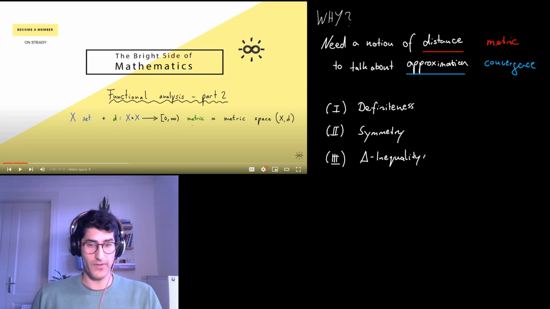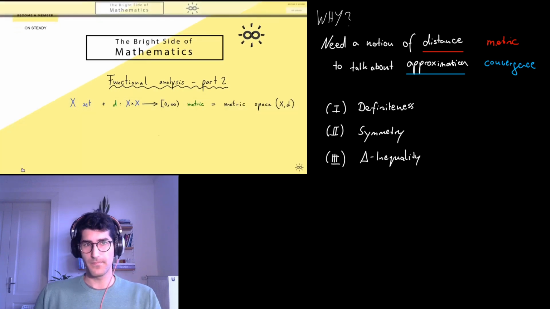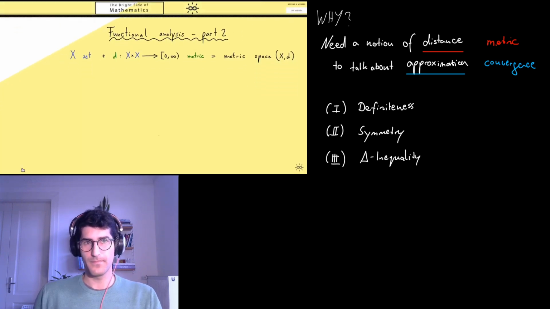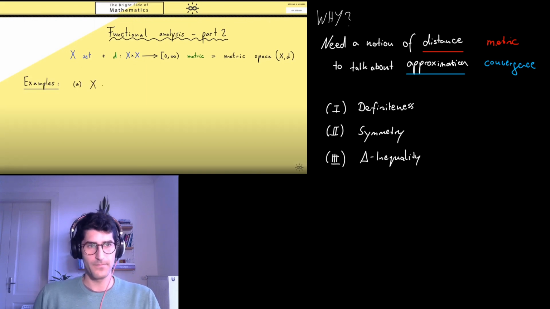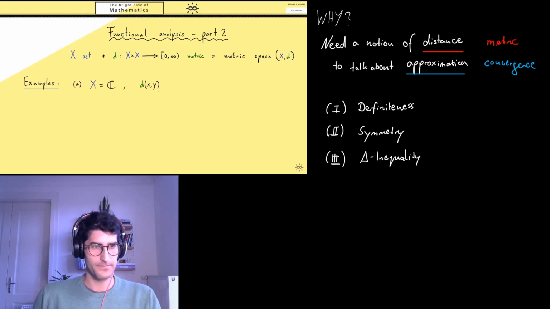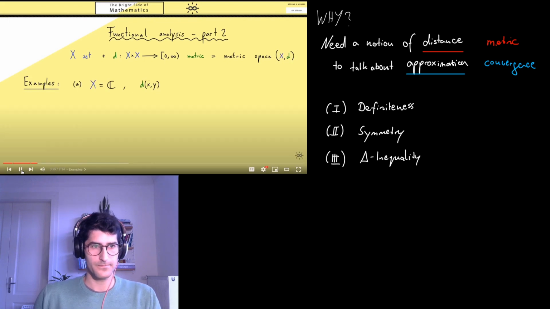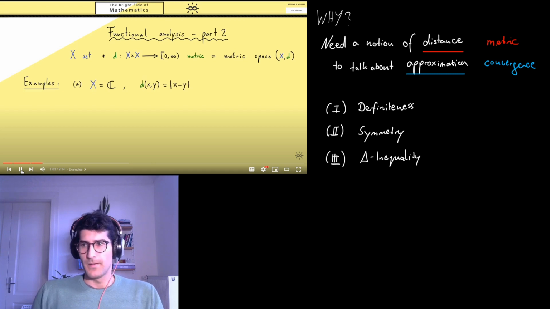Let's take a look at the first example. So let's start with a simple one, which is also one of the most important ones. The set is just the complex numbers, and the metric should be the usual notion of measuring distances in the complex numbers, which means it's the absolute value where we look at the difference of both points.